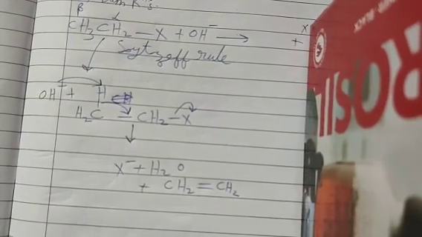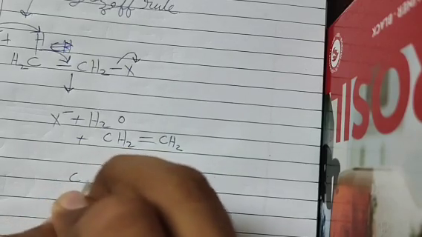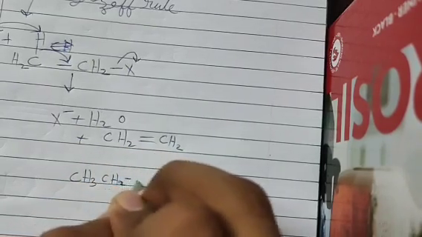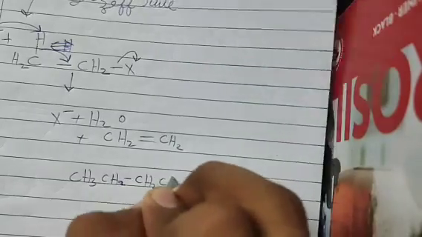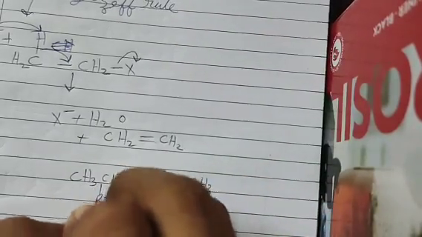For example, I am taking 2-bromopentane. What do you mean by 2-bromopentane? We are having a pentane, CH3, CH, CH2, CH2 and CH3. Now here you are having bromo.